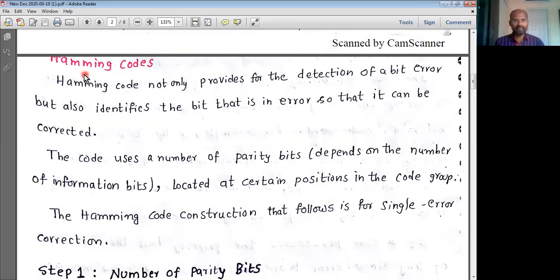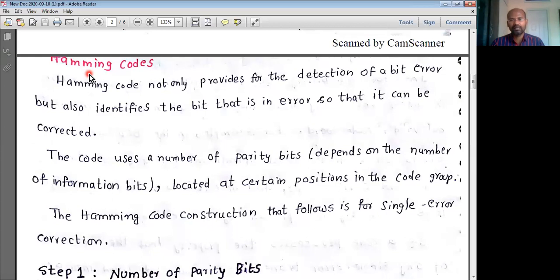In the previous topics, we have seen error detection codes like even parity BCD or 2 out of 5 codes. With them we can only detect the error, we cannot correct the code. The receiver knows some error occurred in the received code, so it asks the transmitter to send the same group of bits again.